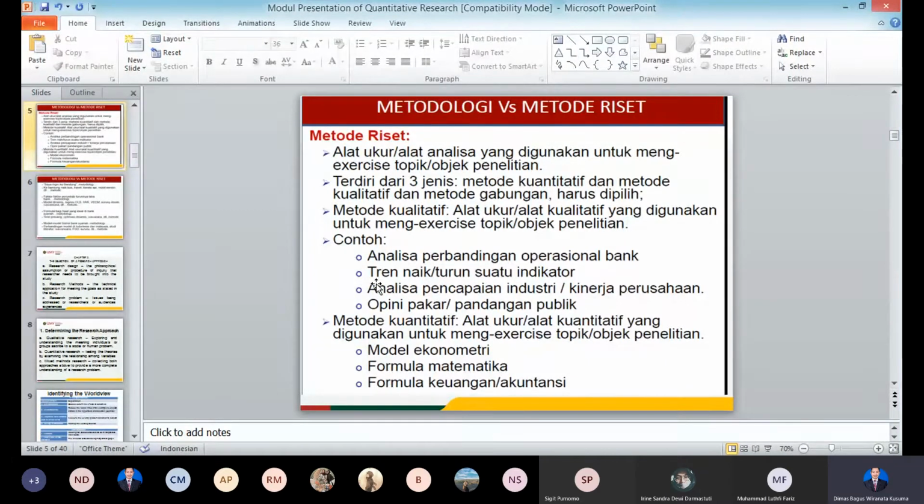In the quantitative method, you are using econometric models, mathematical formulas, and accounting or finance formulas. It means you need methods that have to be proven correct or not by empirical evidence. This is the main difference between qualitative and quantitative.